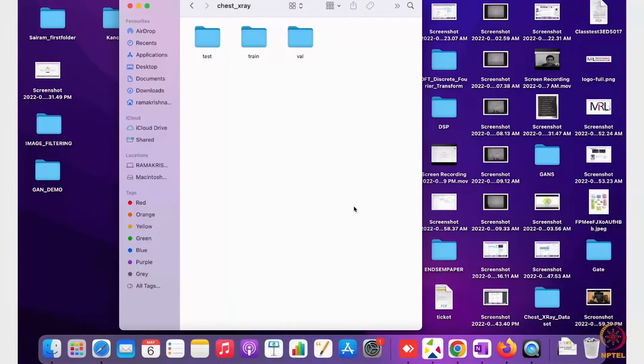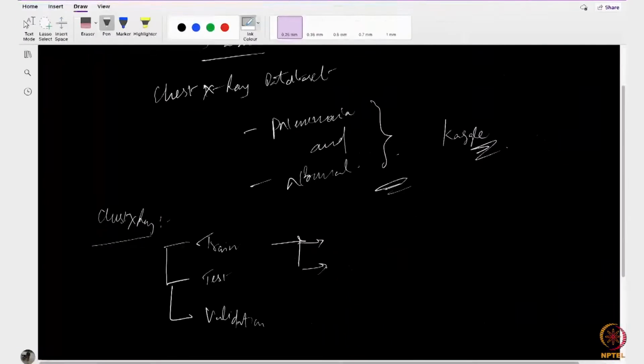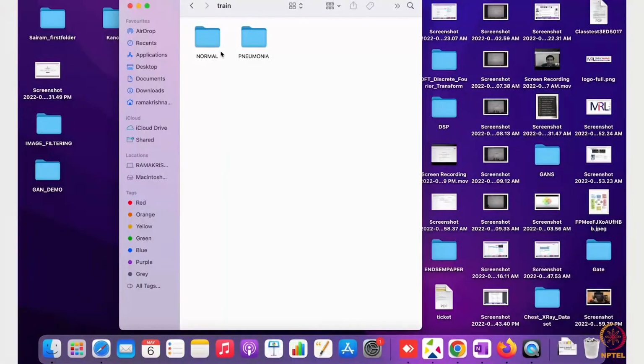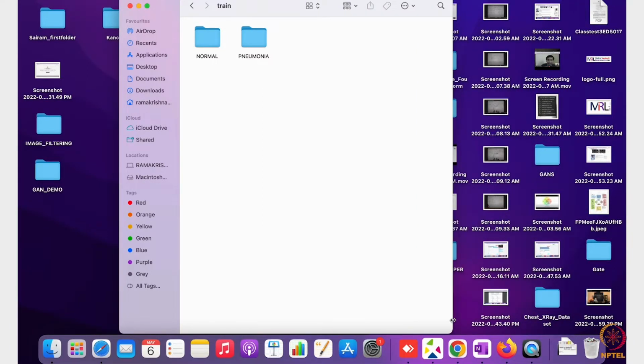Inside the train directory, we have again normal and pneumonia, the particular classes of chest X-rays. Let us see how many files are there in the training data. While implementing this algorithm, we mainly focus on this training data itself. Here we are not focusing on test data and validation data. Let us see how many files are there.